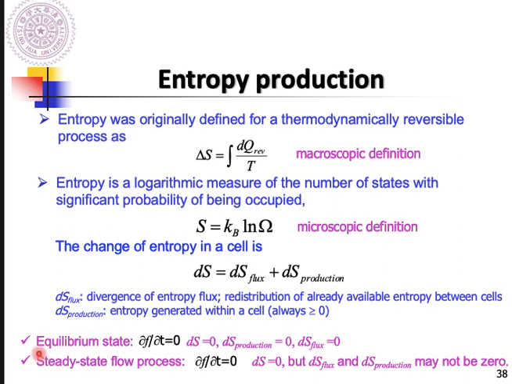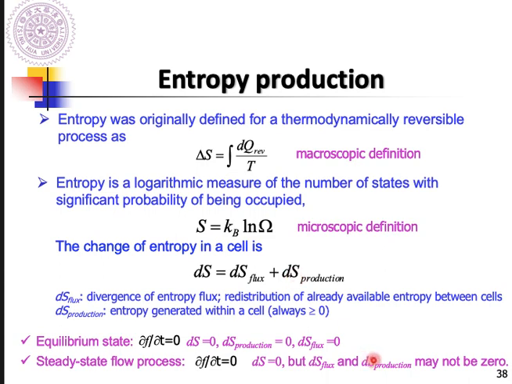But how about the steady state flow process? One of the criteria for a steady state flow process is also that the state function does not change with time. That means dS definitely equals 0; there's no change in entropy of the system. But in steady state, the system definitely produces entropy, right?